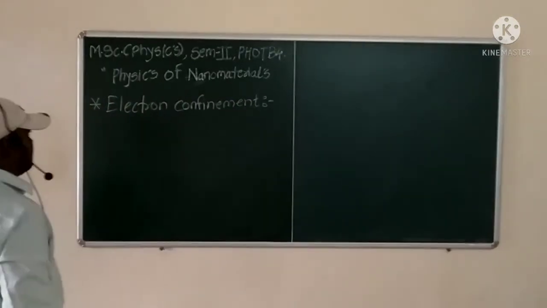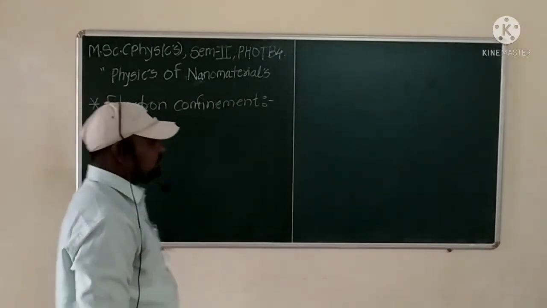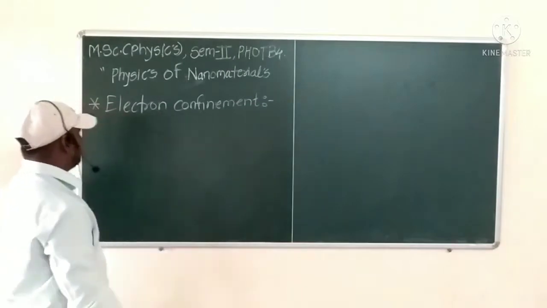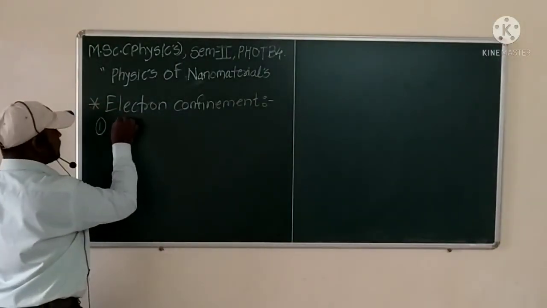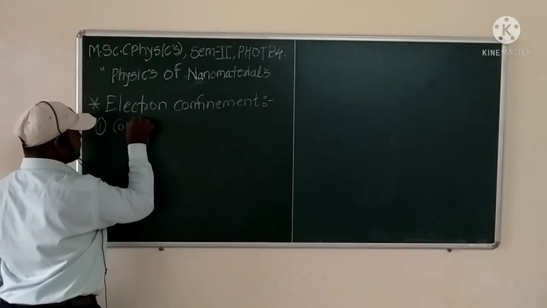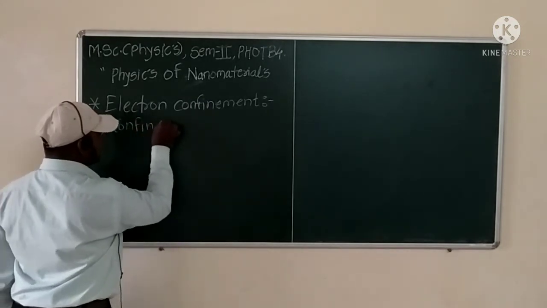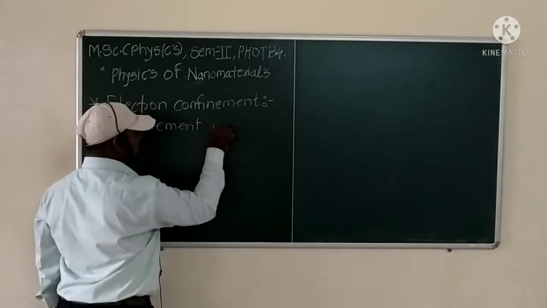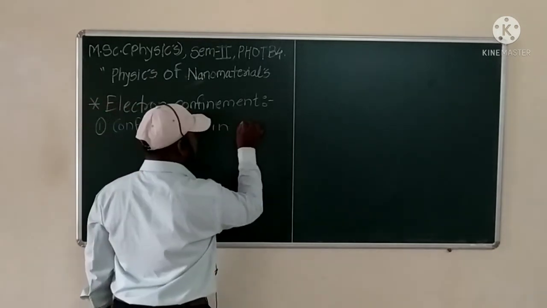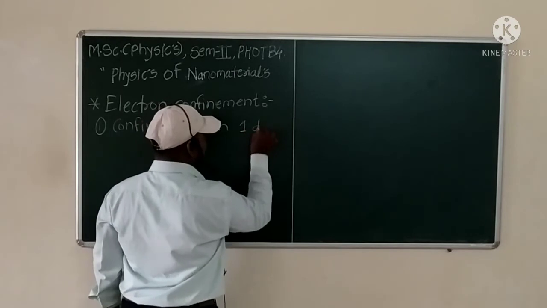So there are three types of electron confinement. The first one is confinement in one direction.